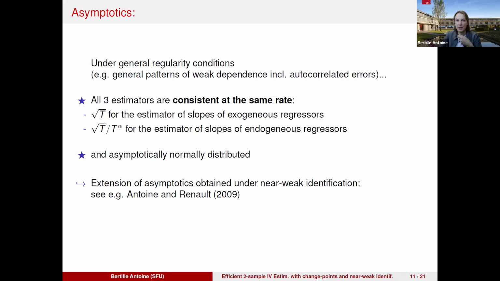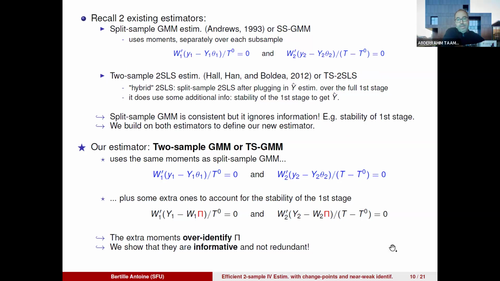So let me talk a little bit about the asymptotics in this situation. So first of all, we have general regularity conditions that are... Oh, yes, sorry. Having a break at the beginning or at the end could cause any issue, or... I mean, I think this is a classical problem in structural break, right? Yes, absolutely.